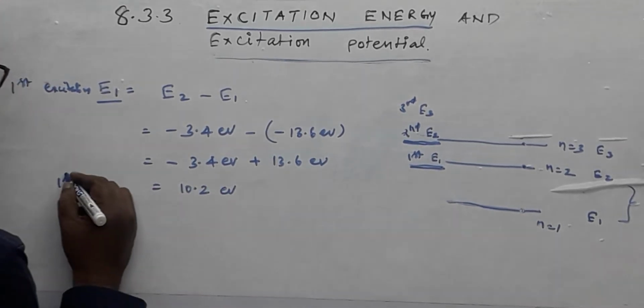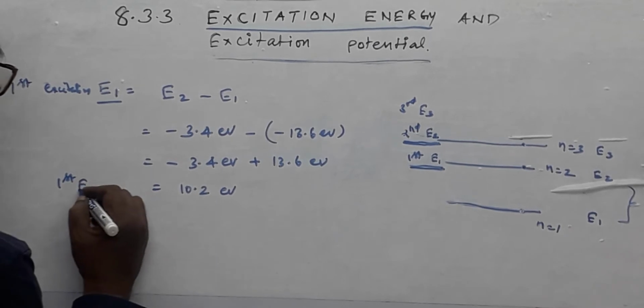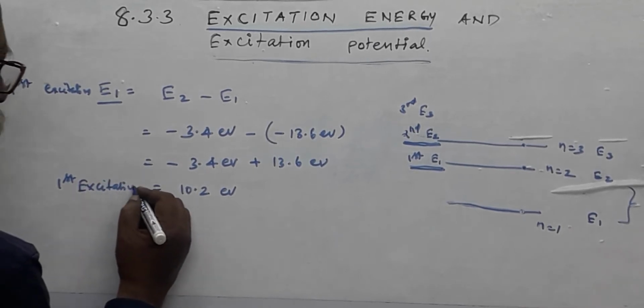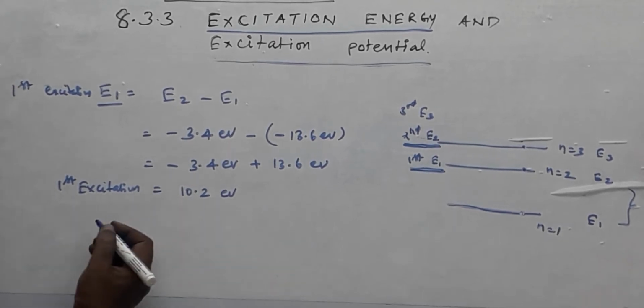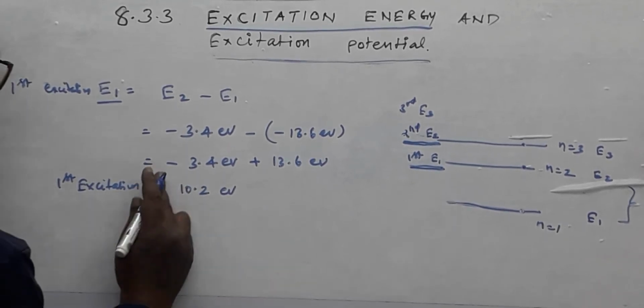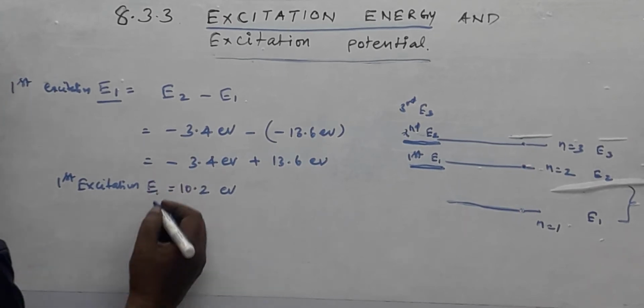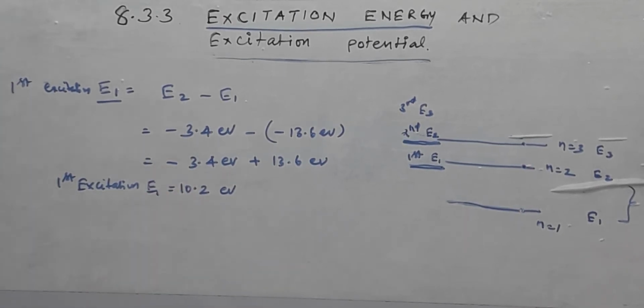This is called the first excitation energy of an electron, denoted by capital E1.